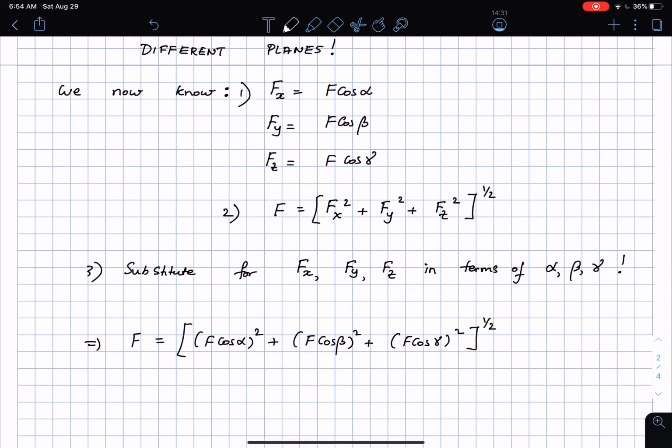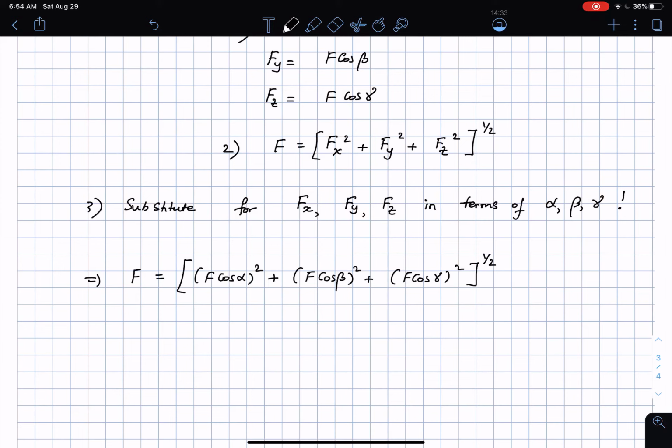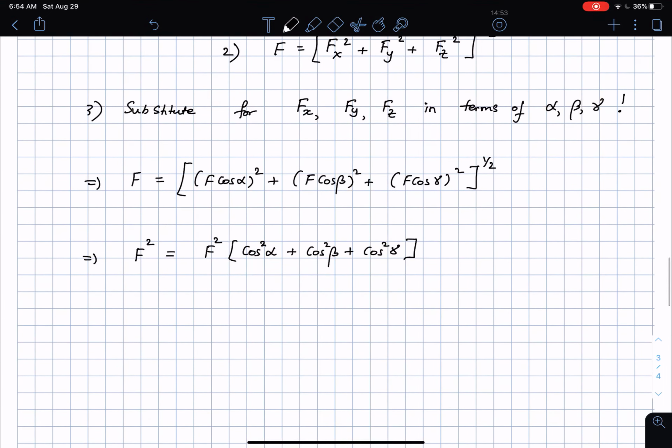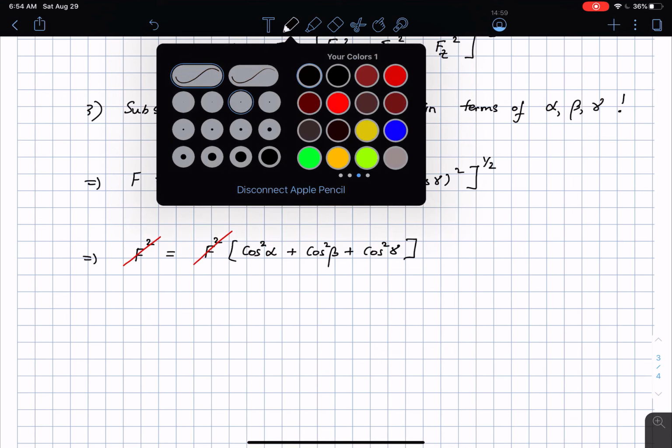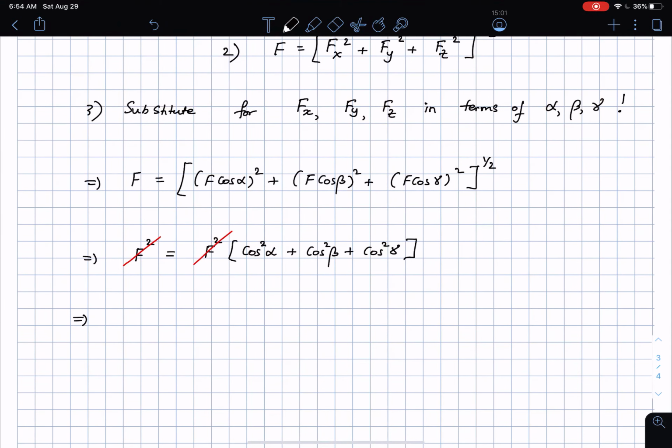All of these to the power half, or I can square both sides. Okay, and then I can say that F square is, you'll see that F is a common factor inside the brackets, so that's going to be F square times cos square alpha plus cos square beta plus cos square gamma. And it's quite obvious to see that this F is going to cancel off with that F, which will give me a very beautiful relationship. This tells me that cos square alpha plus cos square beta plus cos square gamma is equal to 1.